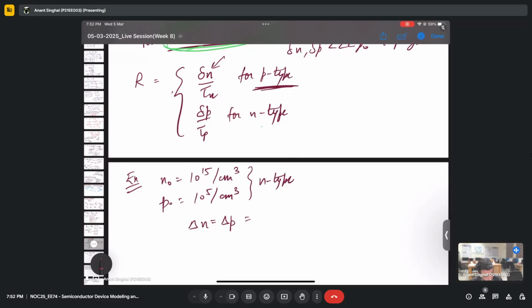These are the minority carriers, so that will be 10 raised to power 5 per centimeter cube. So n is n naught plus delta n. n naught is 10 raised to power 15, so even with this delta n it will be about 10 raised to power 15. And p will be p naught plus delta p, so that will be twice of 10 raised to power 5.